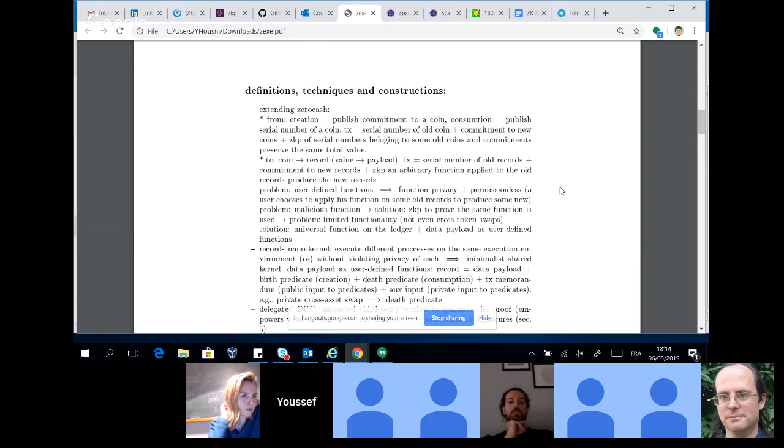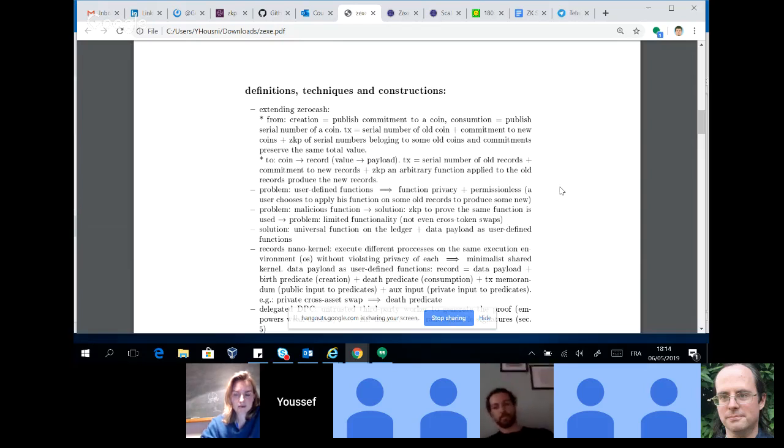So, for example, in Ethereum you have ERC 721, you have ERC 20, and then you will apply Zcash to everyone. Because if you isolate functions by adding a zero knowledge proof that the same function is used, you cannot do, for example, a cross token swap in a zero knowledge fashion.